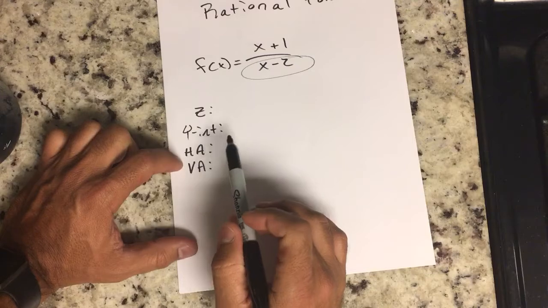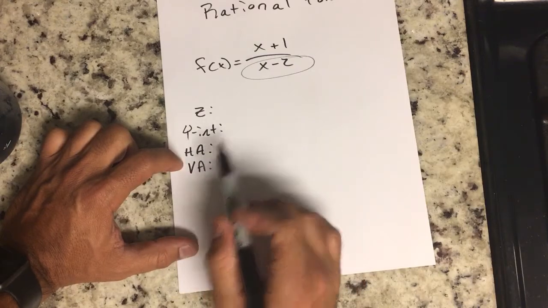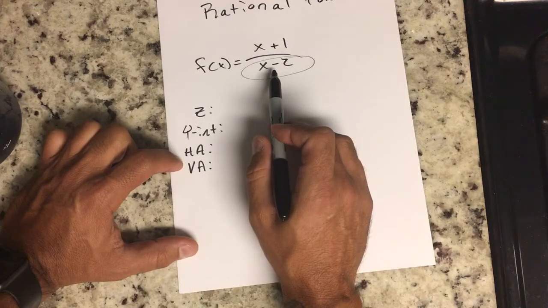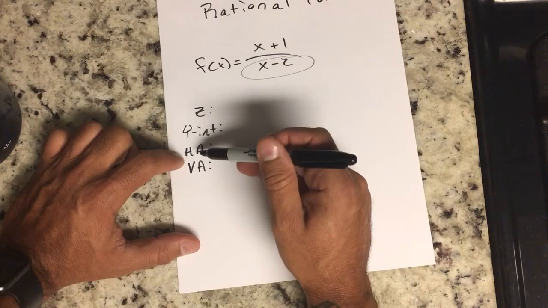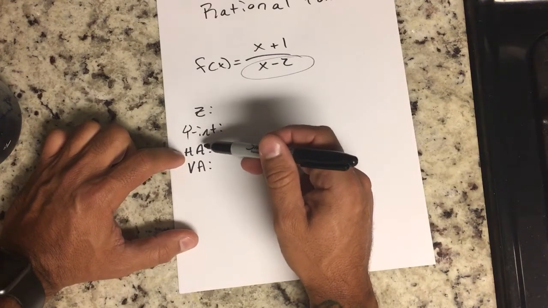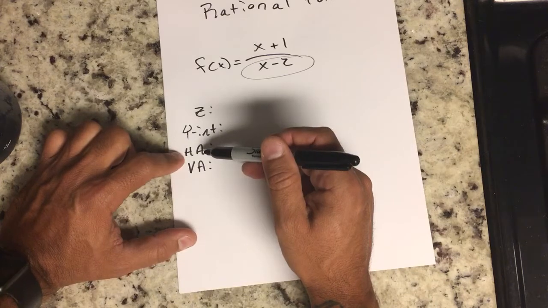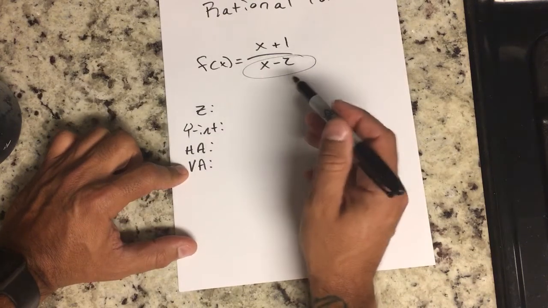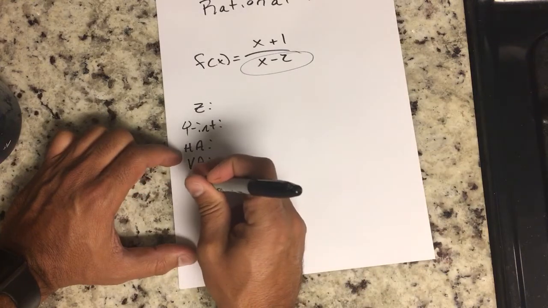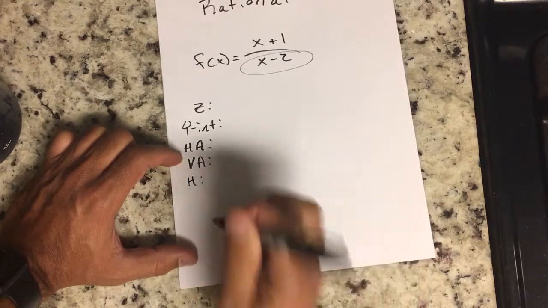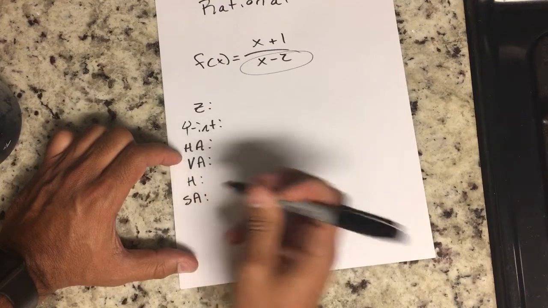Horizontal asymptotes are what y cannot equal. Vertical asymptotes are what x cannot equal. We're going to find the holes, and we're going to find slant asymptotes if we have to.